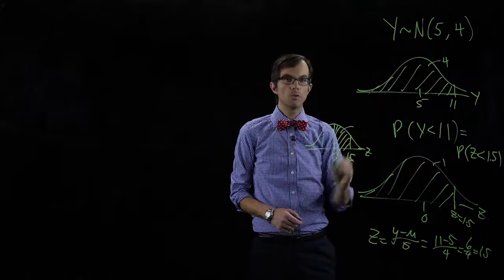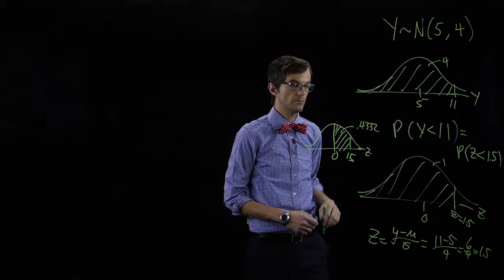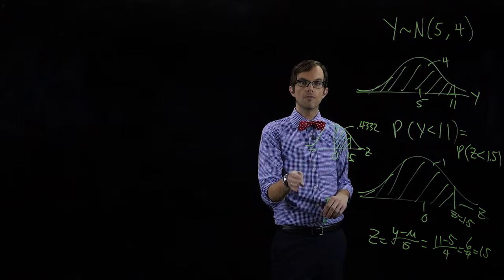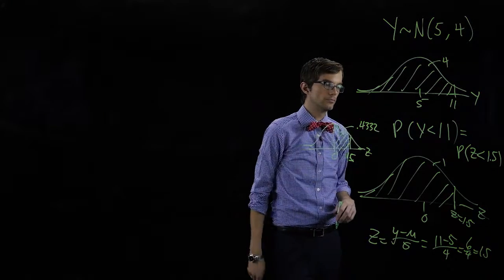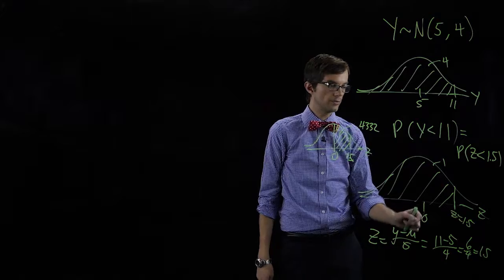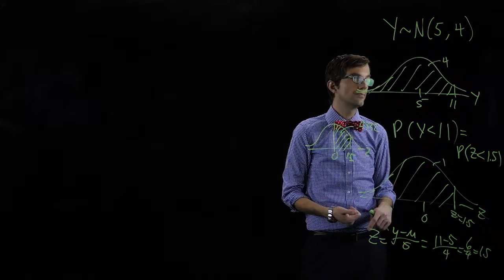So what is that value? That is 0.4332. Go down to row 1.5, over to column 0, that intersection, 0.4332. So this area, 0.4332. This area from 0 to negative infinity, 0.5.